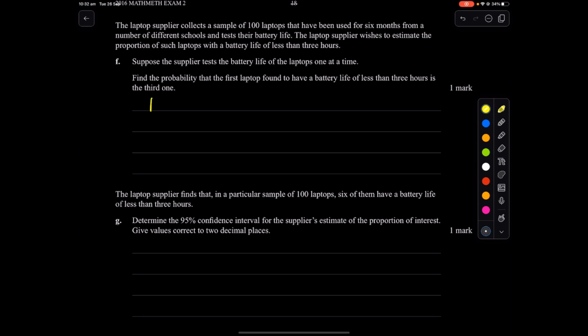So for example, if we have these laptops, this is the first laptop, and we want it to have a charge greater than 180, because his main point is he wants the third one to have less than 180, because we want the battery to have less than 3 hours. And even this one has to be greater than 180, so we want that.